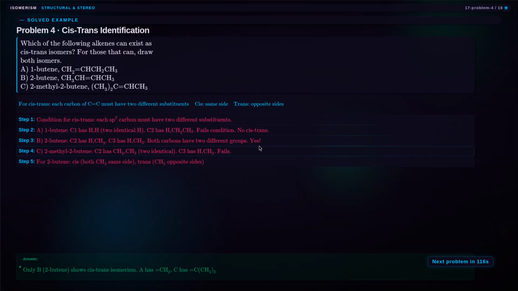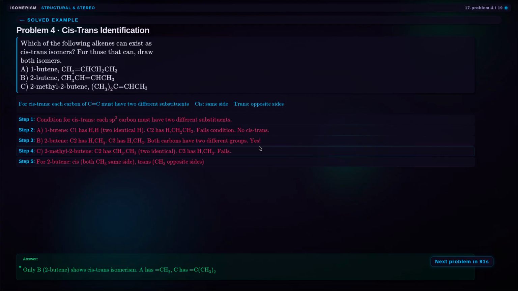Problem 4. Cis-trans identification. Which of the following alkenes can exist as cis-trans isomers? For those that can, identify both isomers. Option A. 1-butene, CH2=CH-CH2CH3. Option B. 2-butene, CH3CH=CHCH3.